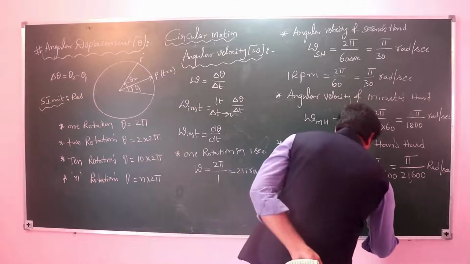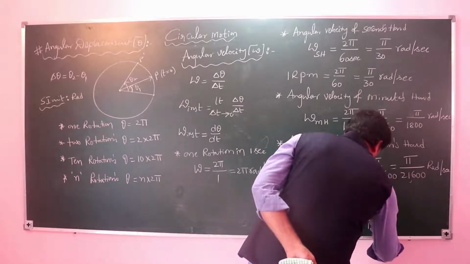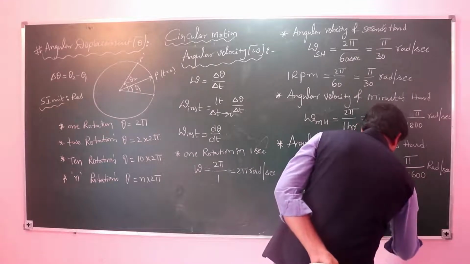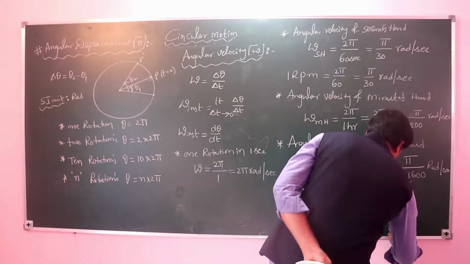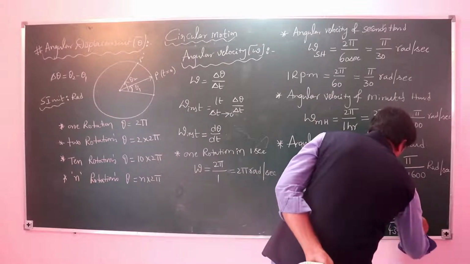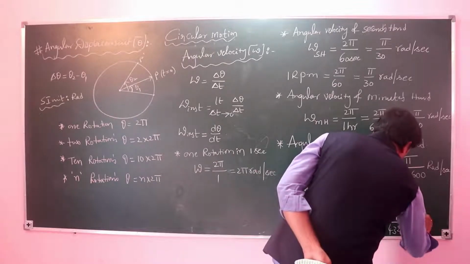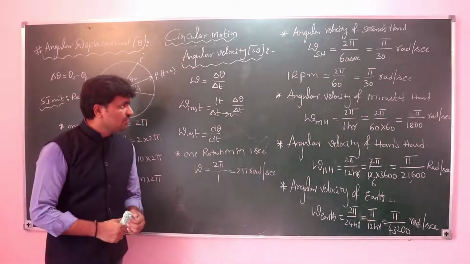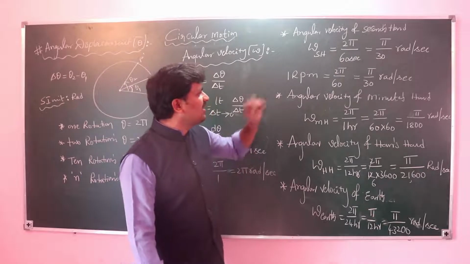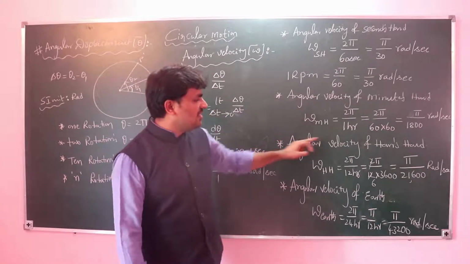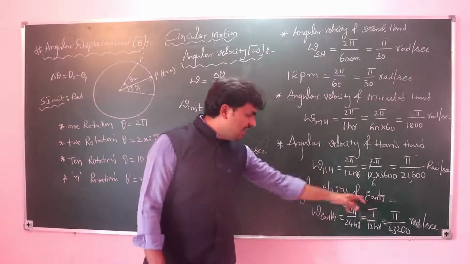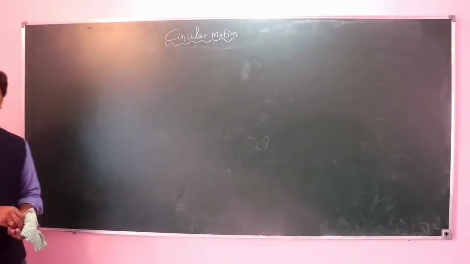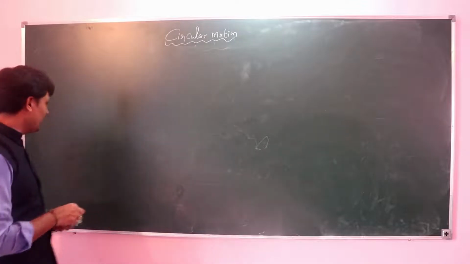Taking 2 pi upon 24 hours, that is pi by 12 hours, and 12 hours means 12 into 3600. So the value goes to pi by 43200 radian per second. This is the angular velocity of the Earth. So we covered the angular velocity of the seconds hand, minutes hand, hours hand, and the Earth.